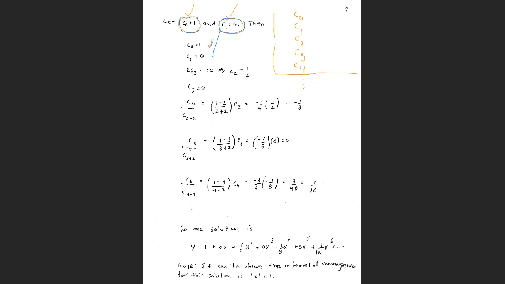We know that 2C2 minus 1 is equal to 0, therefore C2 is equal to a half. From the previous page, we knew that 2 times C2 minus C sub 0 was equal to 0.